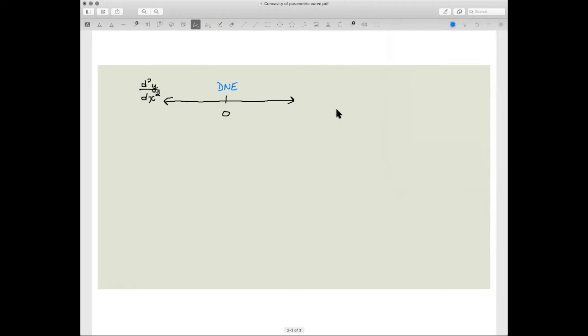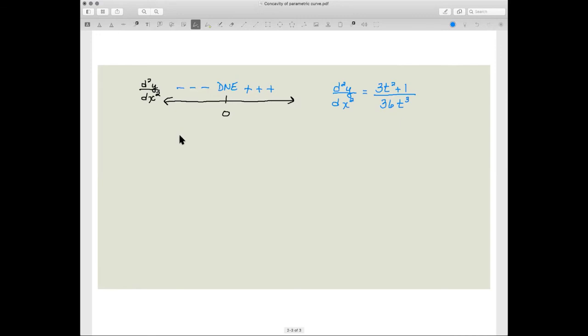And let me jot down what that second derivative was so that we know what we're substituting into. If we consider values greater than 0 and substitute one of them into our second derivative, notice how we always get a positive answer. So to the right of 0, when t is greater than 0, our second derivative values are always positive. If we look at what happens on the other side of 0 and substitute in a negative, anytime that happens, we're going to come out with a negative value.